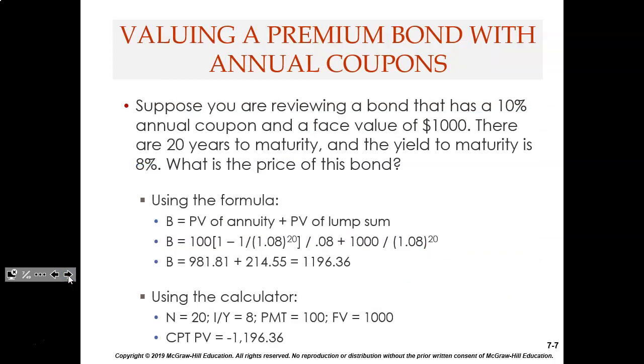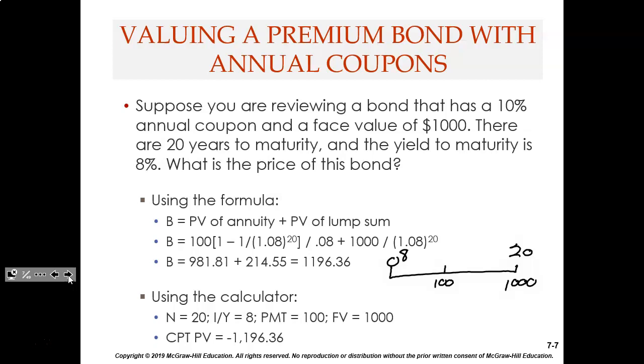Okay, now if we flip the coin on that, on the other side of the coin we have premium bonds. And you can see, in this case, we have 20 years to maturity. Okay, we still have the 10% coupon rate. And now our yield to maturity is 8%.